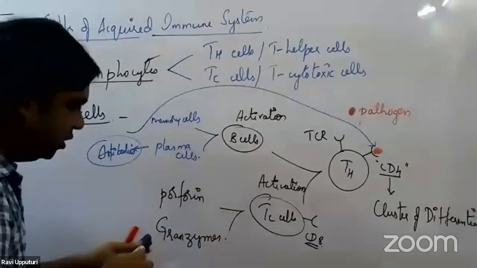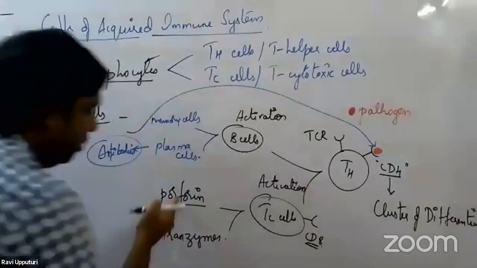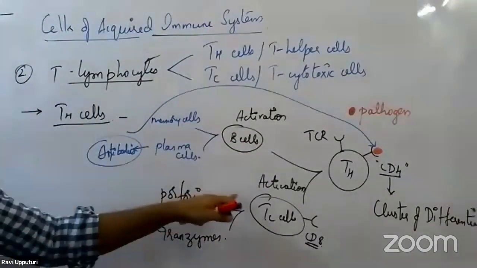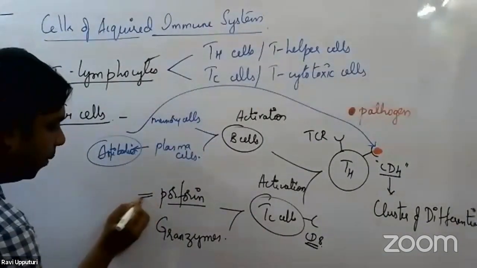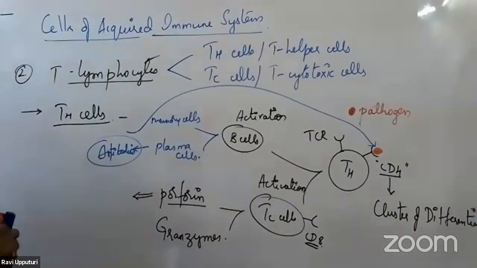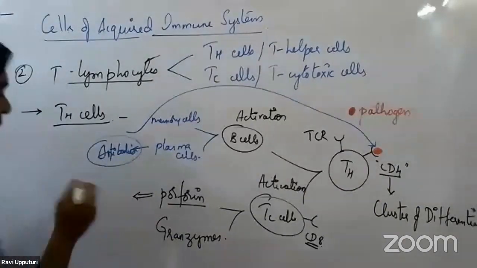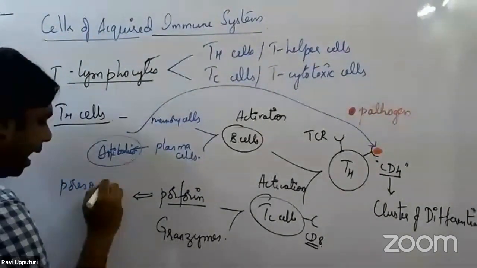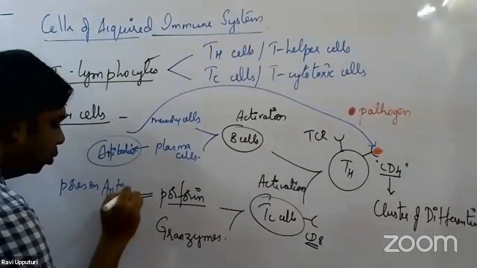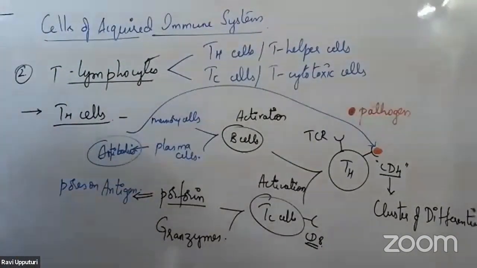Right. Now, what does this perforin do? From the name itself, we can make out perforin is something related to pores. So what this perforin does is, it makes pores on the antigen or pathogen that has entered inside the body.